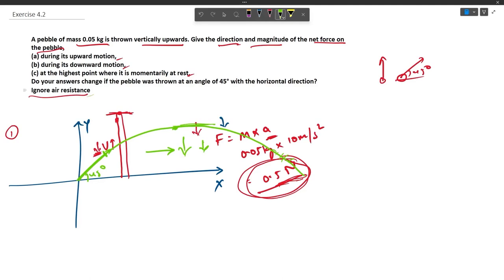Since we have to ignore air resistance, there is no other force acting on the body, so it will have a motion in the x direction due to the x component of the velocity, since it is at an angle of 45 degrees. The force is acting in the same downward y direction of 0.5 Newton in this case also. Thank you.